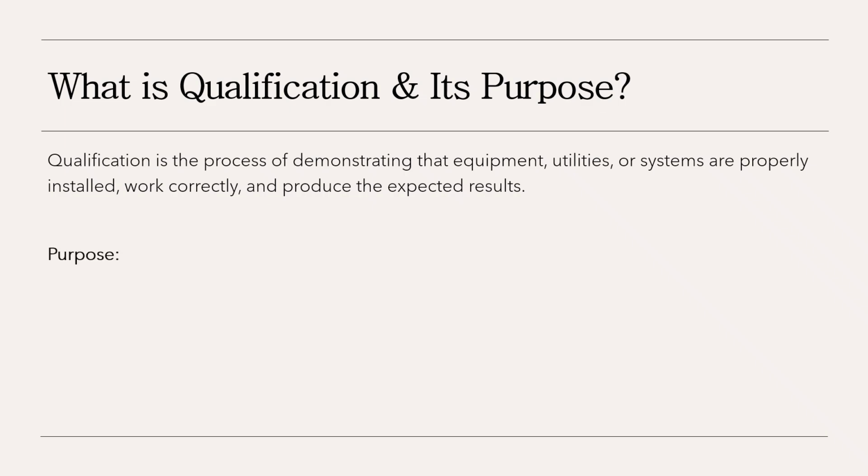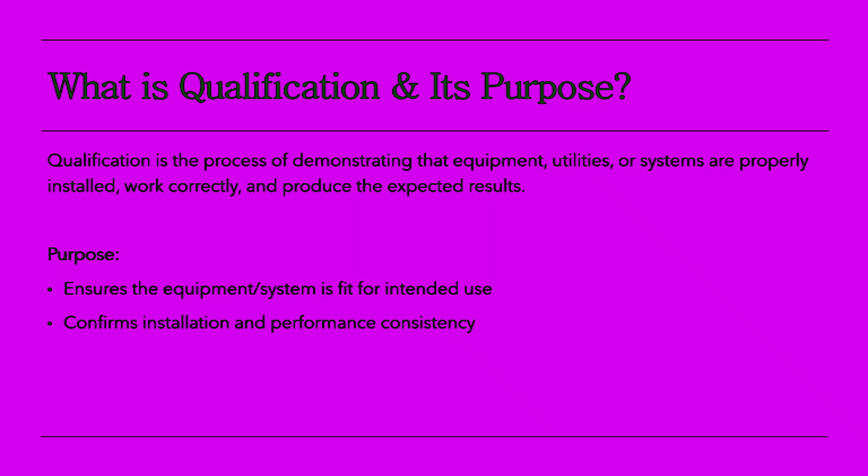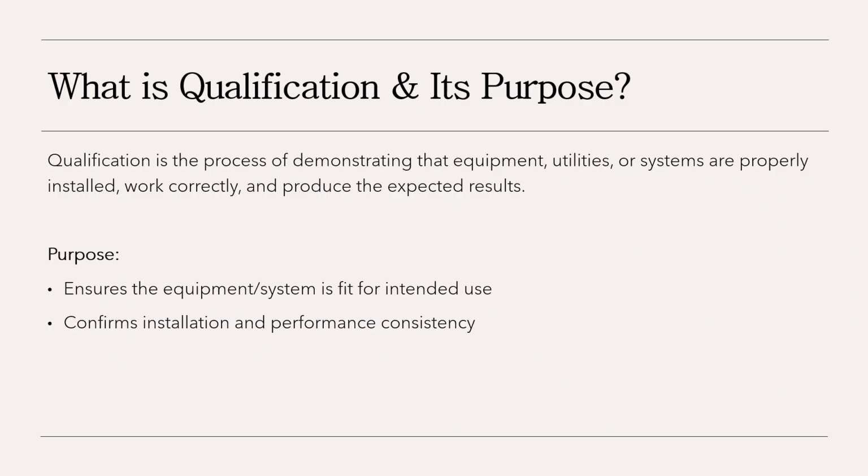Next one is the purpose. So it ensures that the equipment or system is fit for the intended use. It confirms that the equipment or system can perform its intended functions accurately and reliably within the defined parameters, right? Next, it confirms the installation and performance consistency.